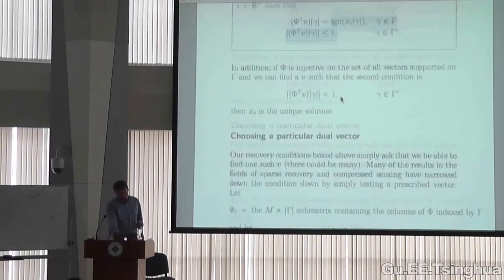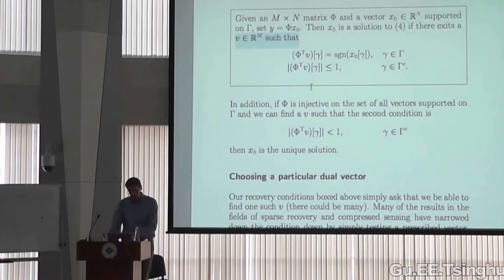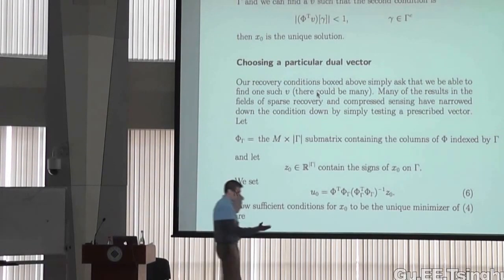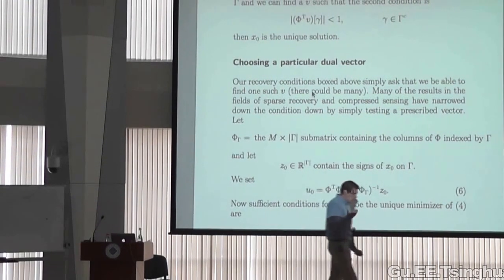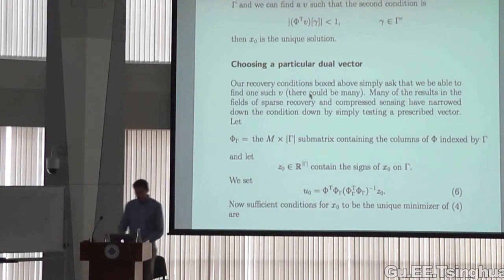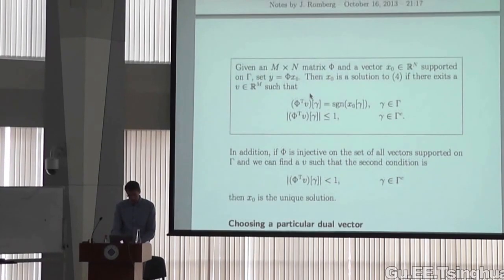It's still a little ambiguous, because how do I search the whole row space? Well, one thing you can do is choose a particular dual vector and show that it obeys these conditions. This is called a construction of a so-called dual certificate at x naught.